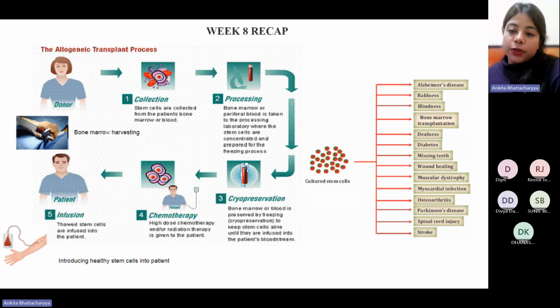So these were the far-reaching applications of iPSCs, but apart from that, stem cells in general have a huge role to play in one of the most tricky, but one of the most necessary surgical procedures that are carried out, and that is transplantation. When we talk about transplantation, it depends upon the context.